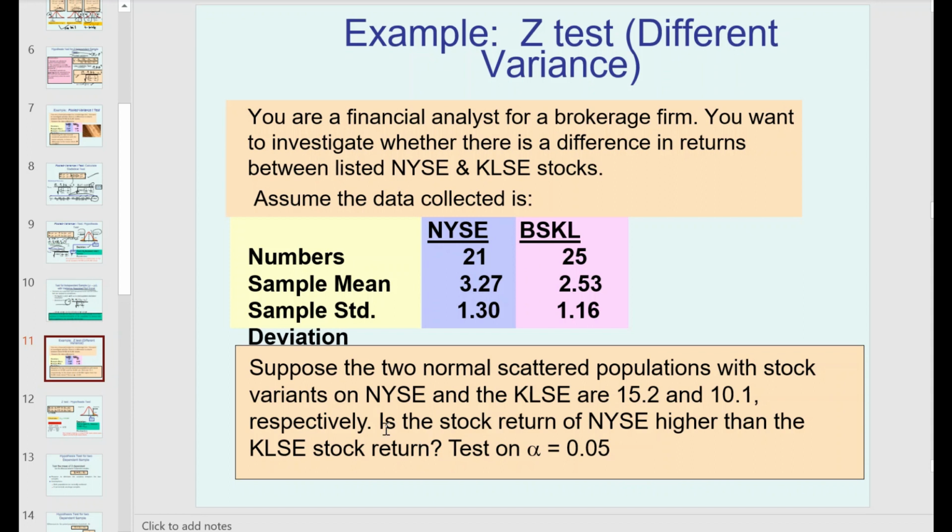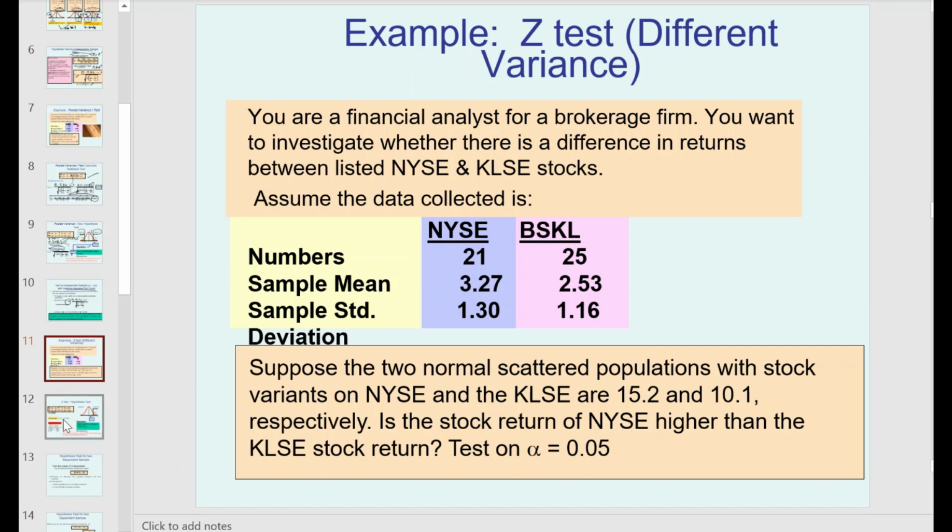The difference is that suppose the two normally distributed populations with stock variance on NYSE and KLSE are 15.2 and 10.1. Because this is the assumption of different variance, right? Is the stock return on NYSE higher than the KLSE stock return?